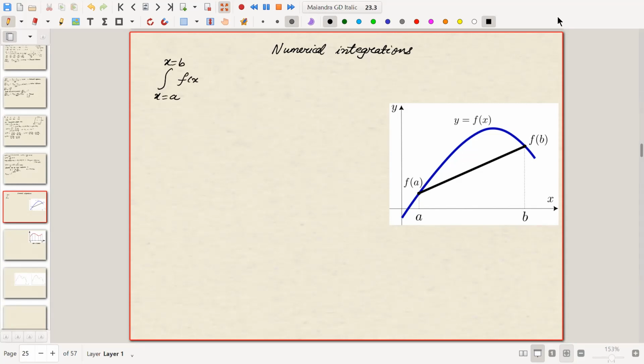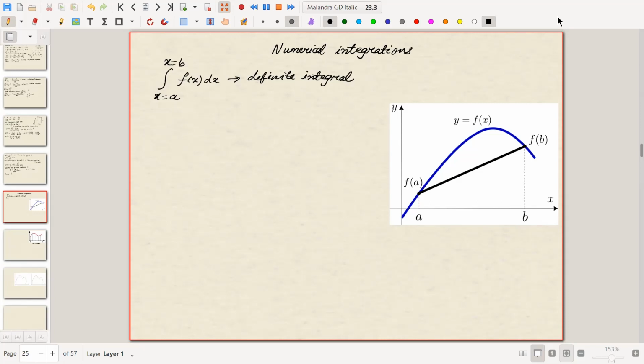We will be dealing with definite integrals, because numerical integration is all about numbers. Without these limits, we can't solve the integration using numerical integration methods.